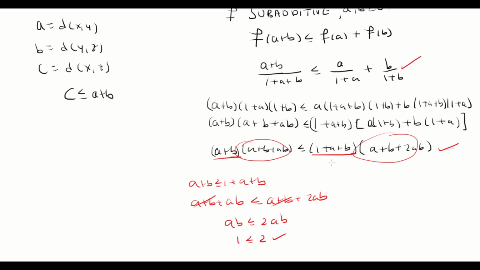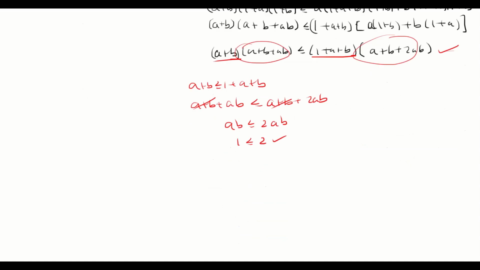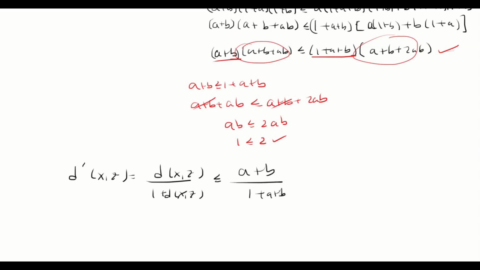So now we have d prime of xz is equal to d of xz over 1 plus d of xz, and that's going to be less than or equal to a plus b over 1 plus a plus b, which is less than or equal to a over 1 plus a plus b over 1 plus b, which is d prime of xy plus d prime of yz.